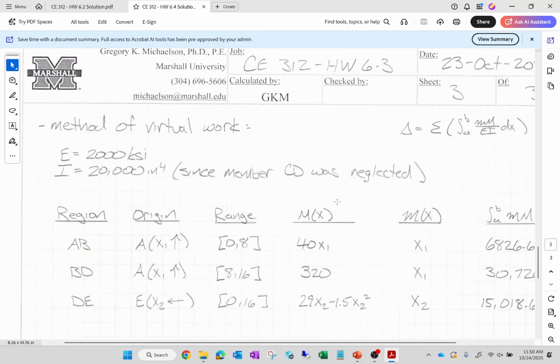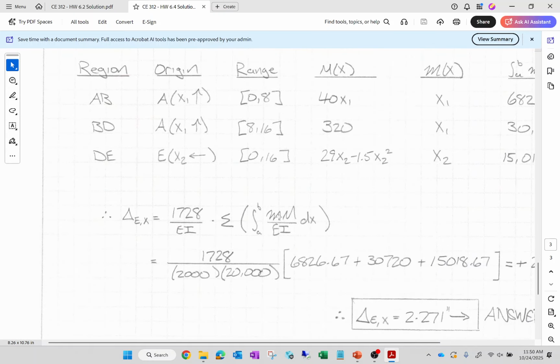If these integrals are all negative, this sum is negative. So I got a positive 2.27 to the right, you would get negative 2.27 to the left. But a negative deflection to the left is a deflection to the right. So basically what that means is you assumed incorrectly, so it's going the other way.